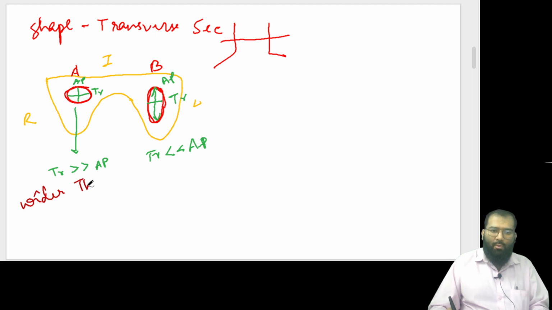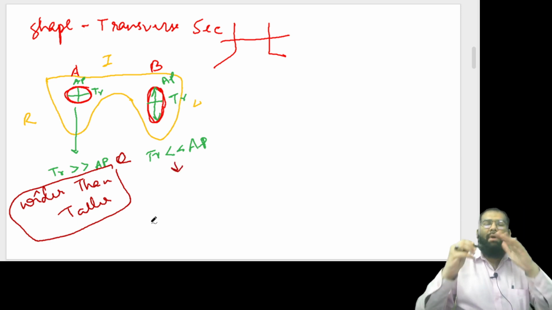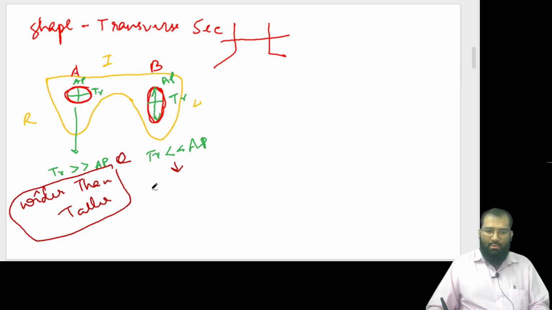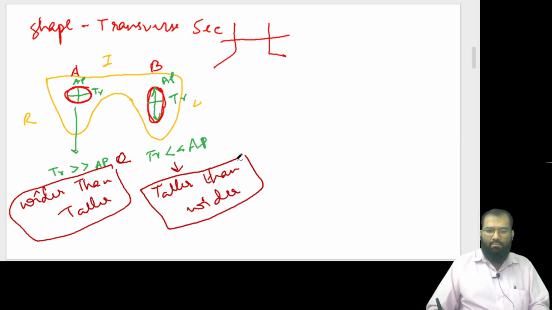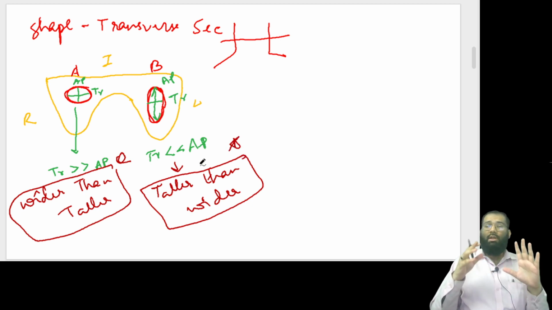Very important. Okay. And lesion B is taller than wider. Okay. So very important. So lesion B is taller than wider.